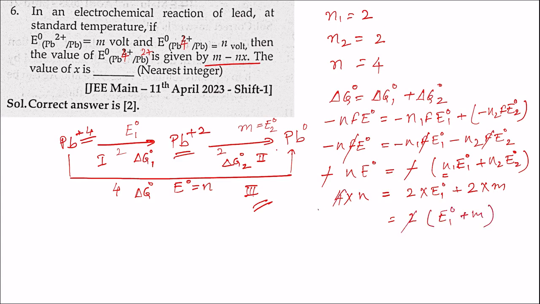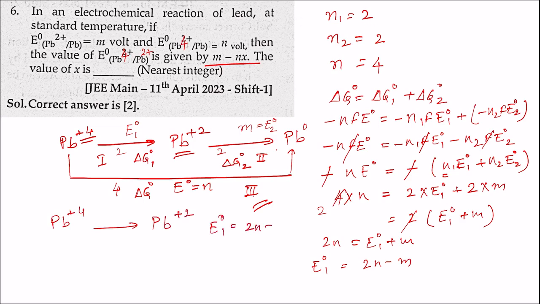So 2 2s are 4. So 2n is equal to E naught 1 plus m. So E naught 1 is equal to 2n minus m. Now E naught 1 is the value of EMF when lead in +4 oxidation state is changing into lead in +2 oxidation state.